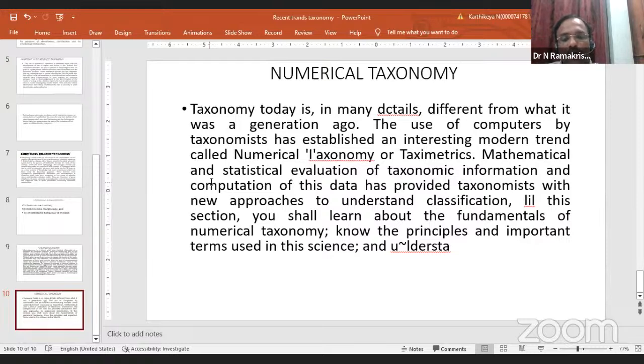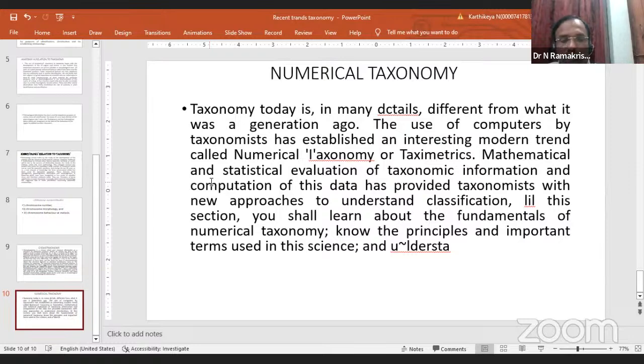Numerical taxonomy is based on phenotypic and phylogenetic evidence. It depends on two things: first, the construction of taxonomic groups, and second, the discrimination of taxonomic groups.